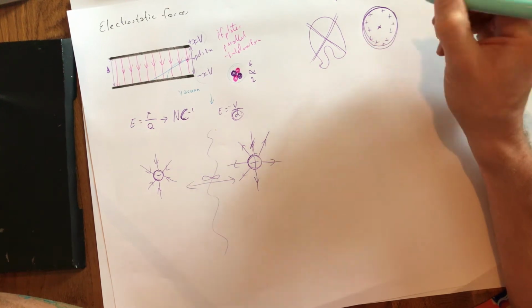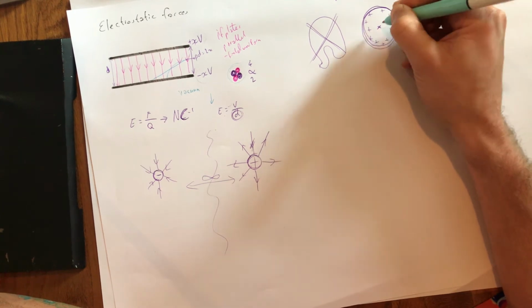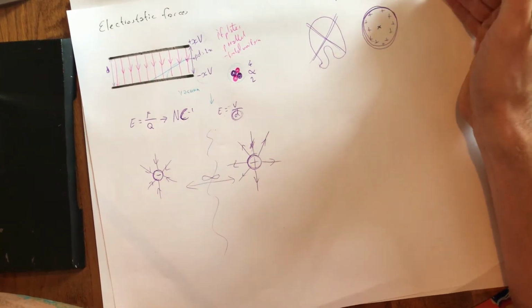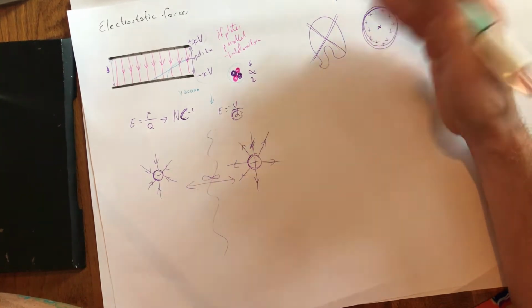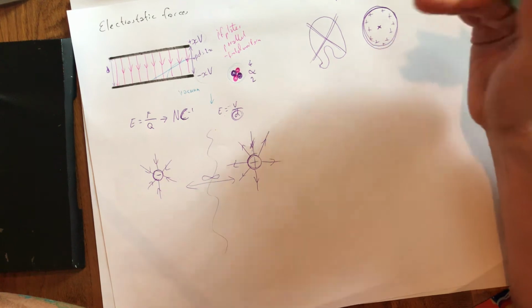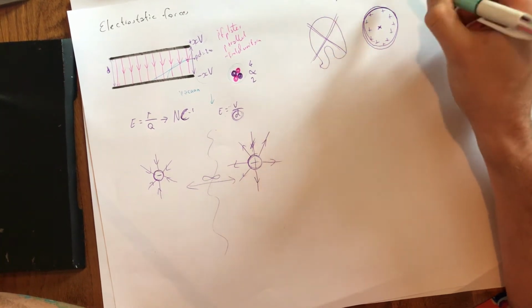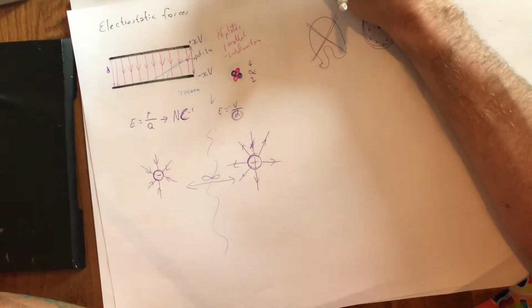So in this way, we can imagine it as a point, which makes the mathematics a lot simpler. It's also very useful because we can use that simplification to make predictions and actually do some physics or engineering. So basically we can treat these spheres as points.